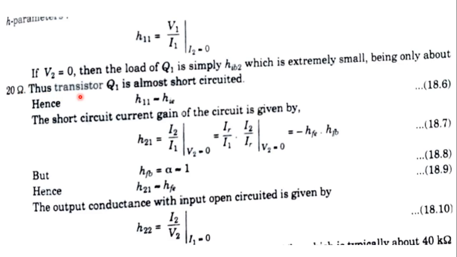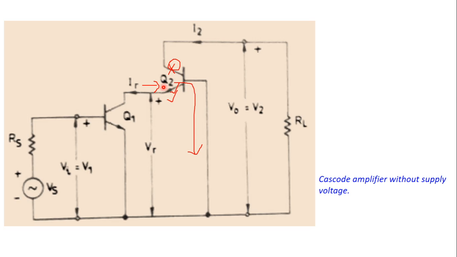So the load of Q1 is around just 20 ohm, which is a very low value of resistance. We can say that Q1, the first stage transistor, is almost short circuited. This branch is offering just 20 ohm of resistance, so the output terminal of Q1 is connected to a load of around 20 ohms.